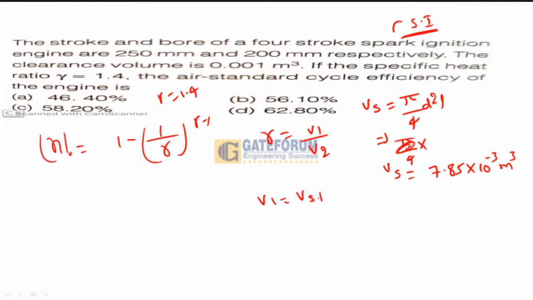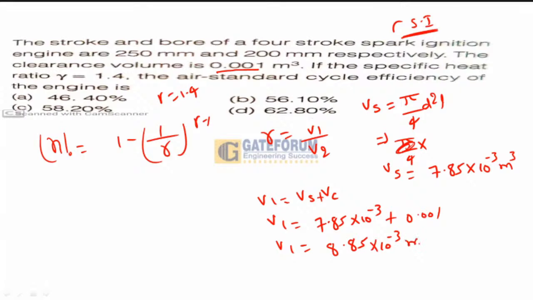Once we get Vs, what will be v1? You can write Vs plus Vc. In this question Vc is given as 0.001 meter cube. So v1 is 7.85 multiplied by 10 to the power minus 3 plus 0.001, which gives 8.85 multiplied by 10 to the power minus 3 meter cube.